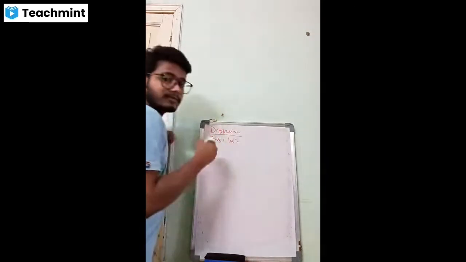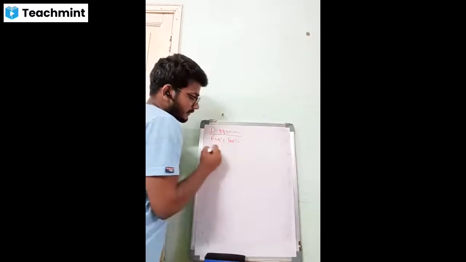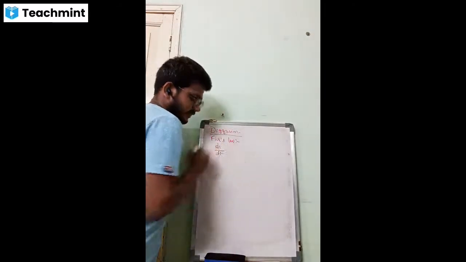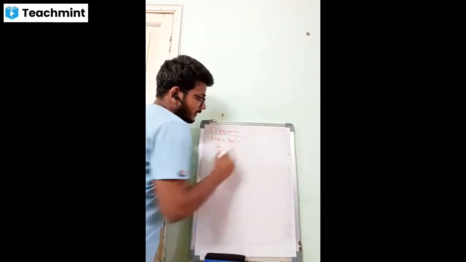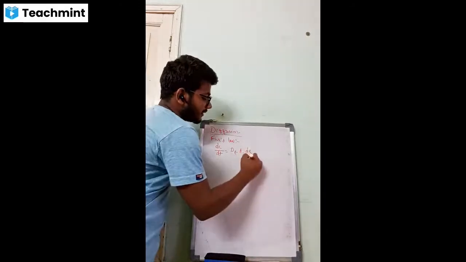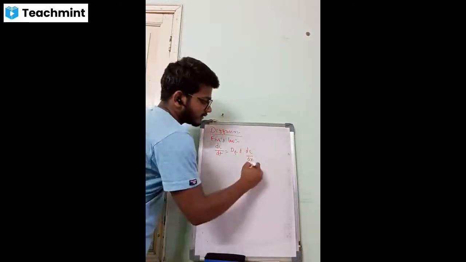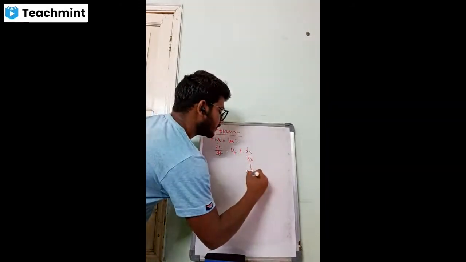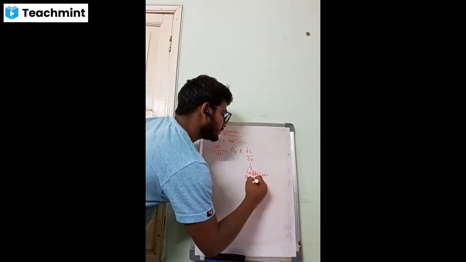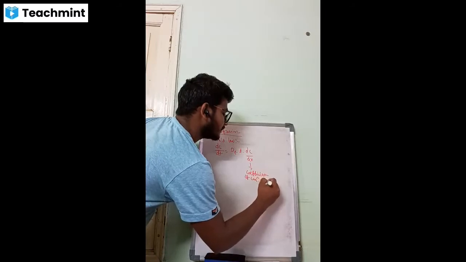That is Fick's law. The rate of diffusion, dC/dt, is equal to effective diffusion D times cross-sectional area A times dC/dx, which is the concentration gradient.